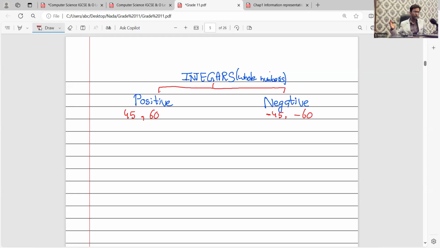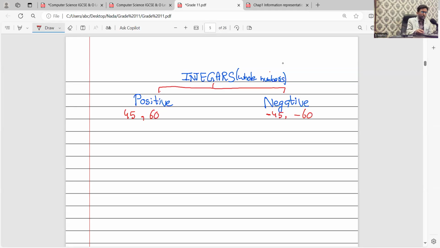I'm sure you have completed the conversion of binary to denary and denary to binary, but all of those were positive. Right now we will be working with negative conversions as well.